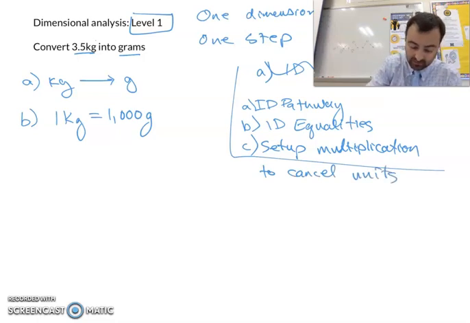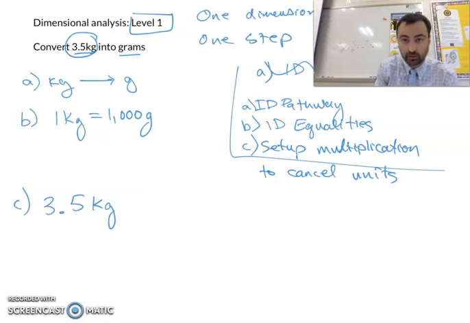So the setup always starts with the number from the problem. So C, we'll put a little bit more space down here.